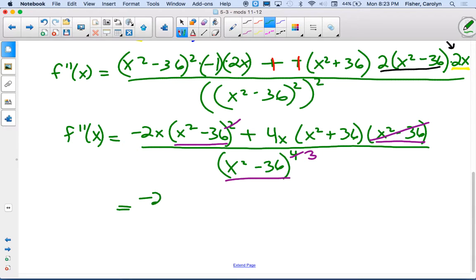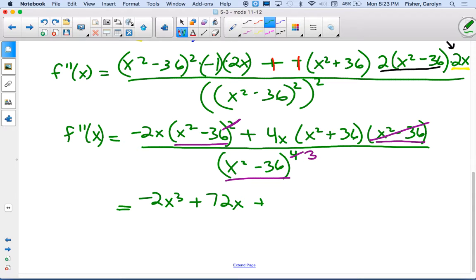And that might be all I can do, but I can now go ahead and multiply out. So I've got negative 2. I'm going to go ahead and multiply out right now this part right here, since I don't have a squared power here, I just have a binomial times a monomial, negative 2x. So I'm going to end up with negative 2x cubed plus 2 times 36 is 72x.